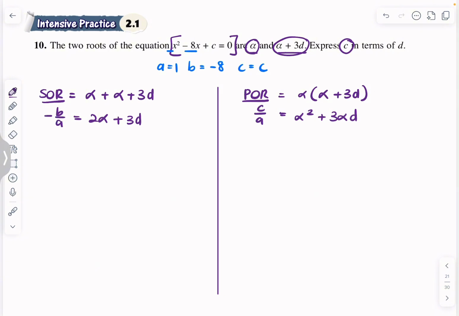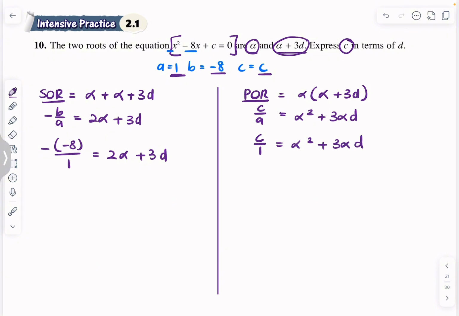Product of roots is c over a. So negative b over a is 2 alpha plus 3d. Over here, c over a is alpha square plus 3 alpha d.